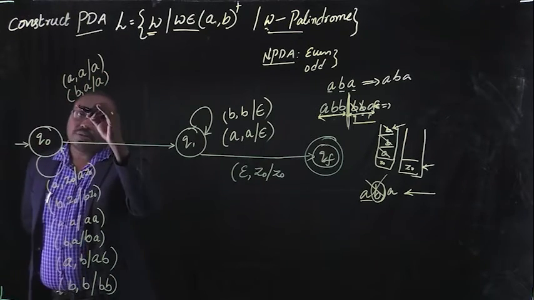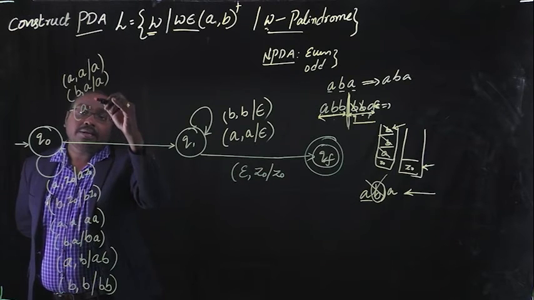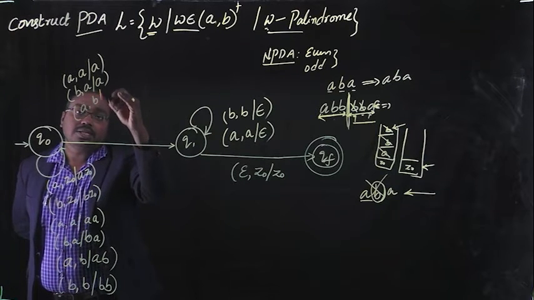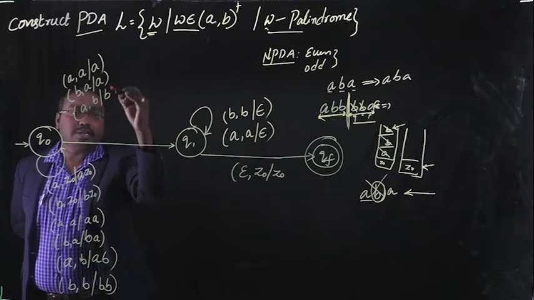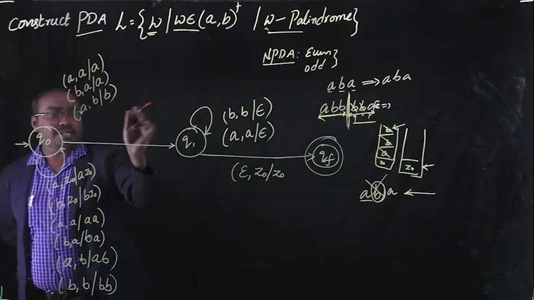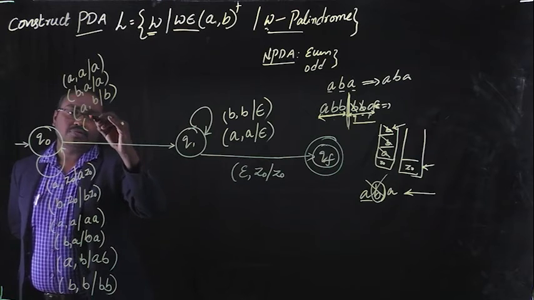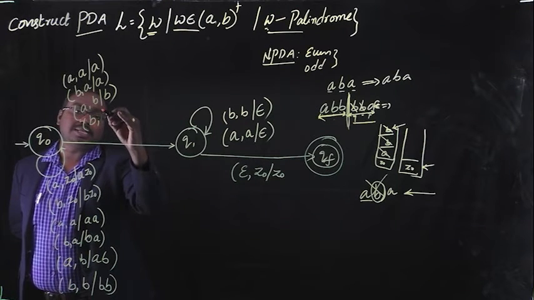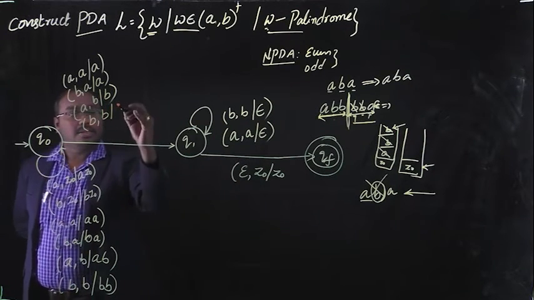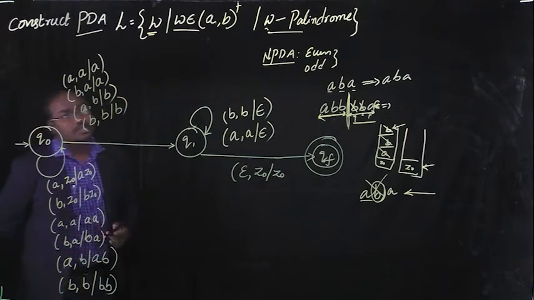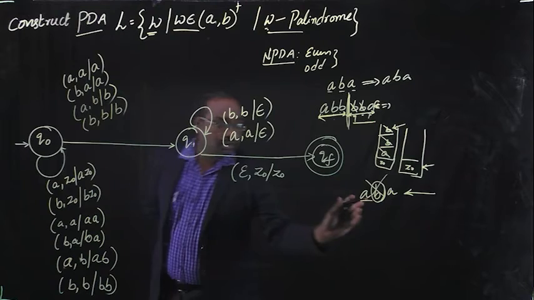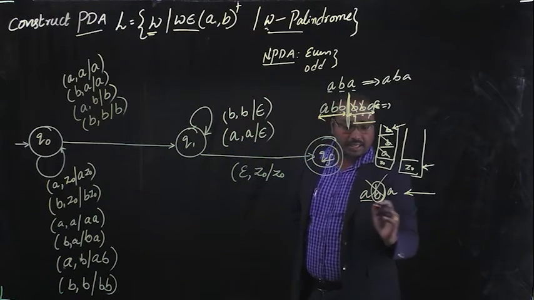And if the input symbol is A and the top of the stack is B, then leave that element B as it is. And if the input symbol is B and the stack's top is B, then leave that element as it is. So here this is the example.